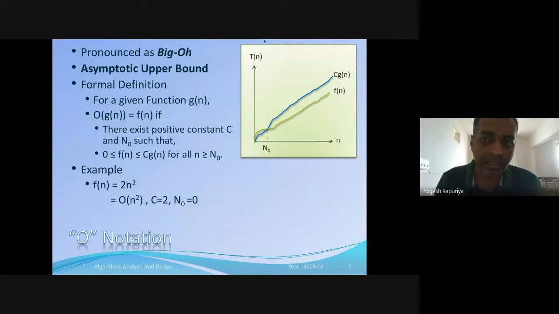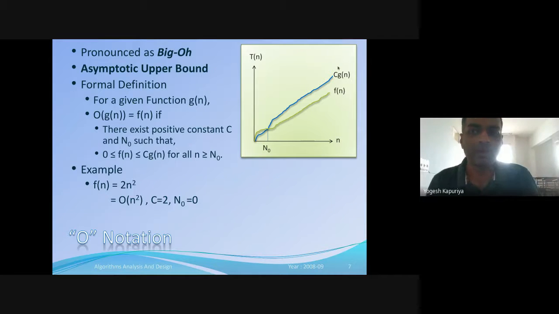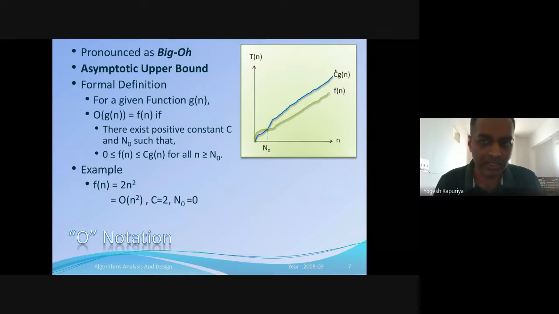It means that no matter what the value of input is at any point of time, this function value is always going to be less than this one. That is what it means. So at any instance of time, this value will always be less than.